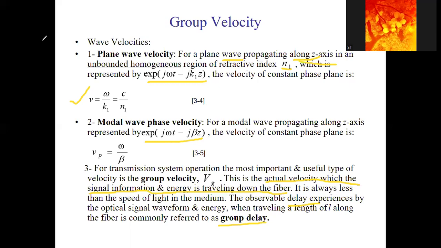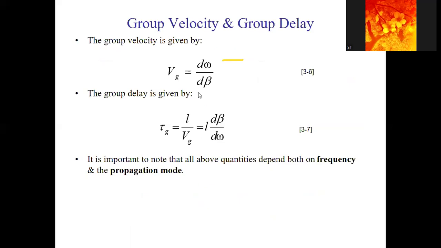So here we have discussed the plane wave velocity, modal wave velocity, group velocity, and the group delay. Now, numerical problems can be asked in the final examination based on the group velocity and group delay.